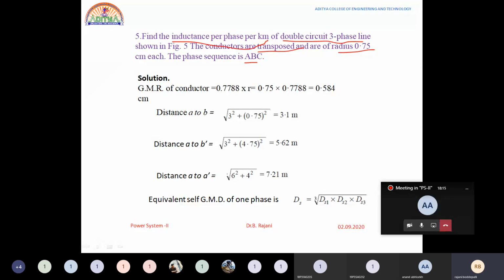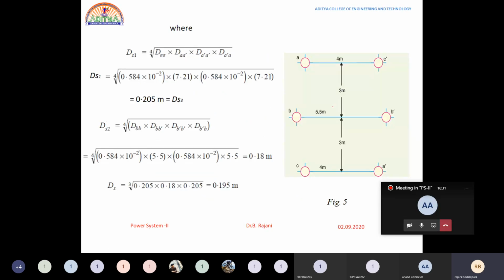Now what is the GMR of a conductor? GMR of a conductor is nothing but the self GMD of that particular conductor. Here we have three conductors, a three phase double circuit line, so the diagram arrangement is as such: conductor A, conductor B and conductor C, each of radius 0.75, right?